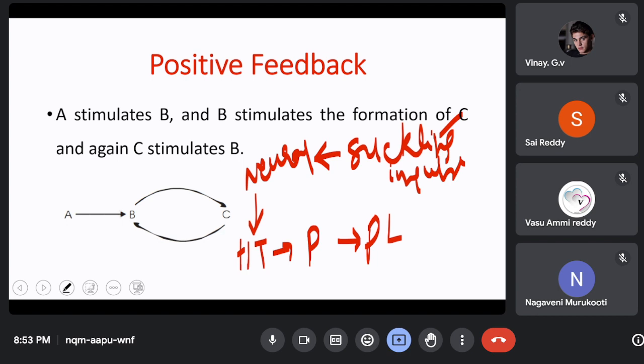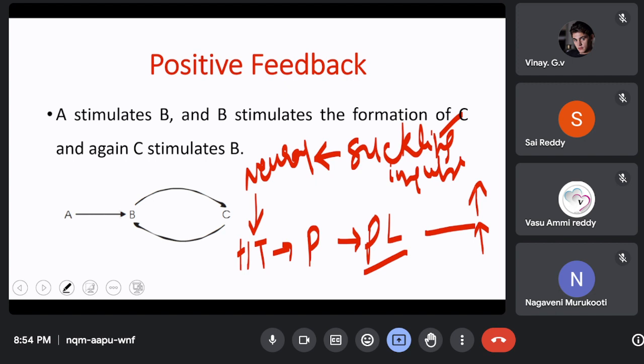And this prolactin has now reached the optimum level. Now what happens if prolactin exists? Its level may increase. In that case, the suckling impulse will continue. So what should actually happen here? The suckling impulse should continue, and milk secretion should be continued until the baby's hunger is completed.